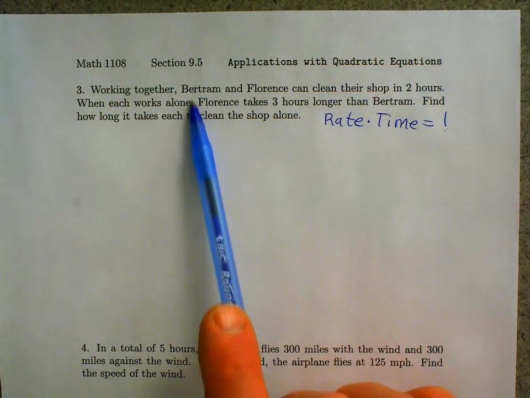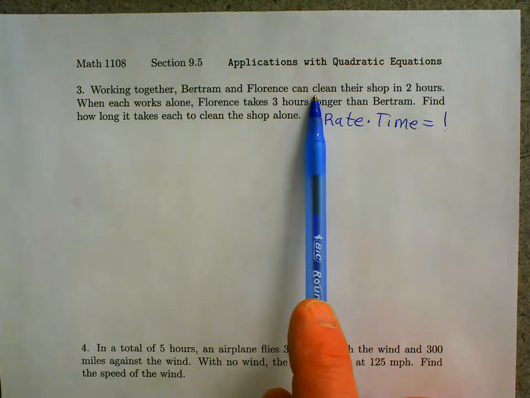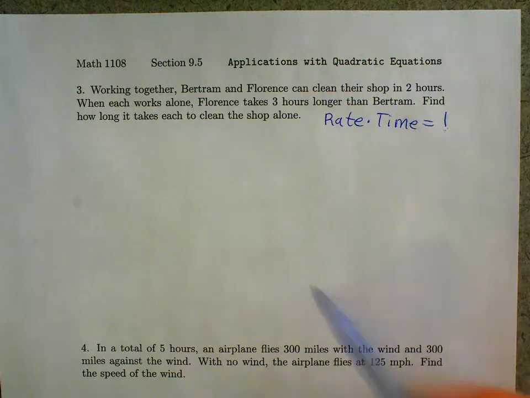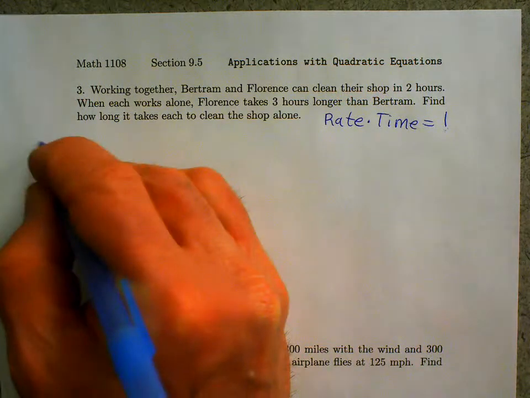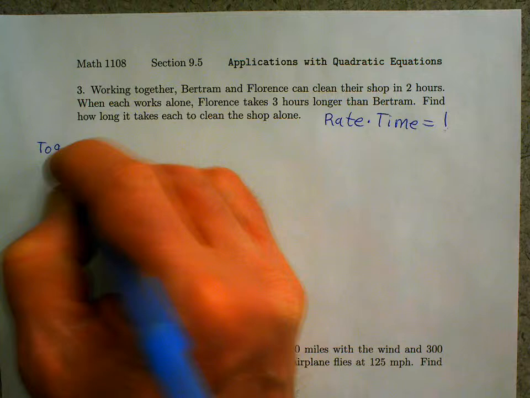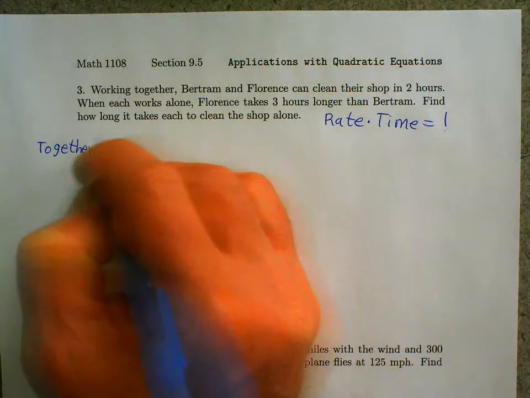Okay, so when they work together, Bertram and Florence can clean the shop in 2 hours. So we can write the rate times time equals one equation for when they work together.